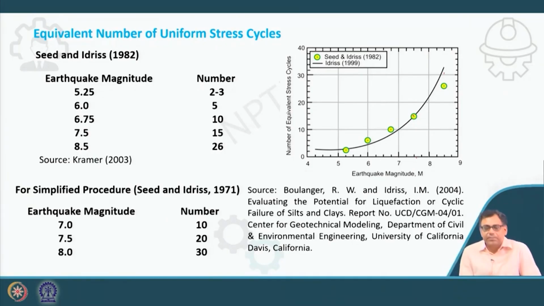But if I use the simplified procedure charts, then I will consider 20 equivalent cycles for a 7.5 magnitude earthquake, because those charts were given with that value, as recommended in the procedure proposed by Seed and Idris in 1971. We will use their chart later on, and I will show you. Clear? Actually it is 15, but if I use the simplified procedure, you will take it as 20. But as you can see, it has been revised, so these are the revised values.